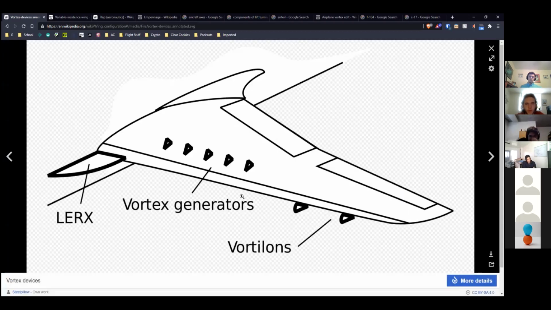Vortex generators exist basically to create vortices on purpose, which does add drag.